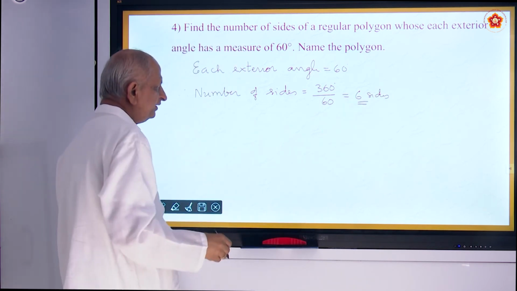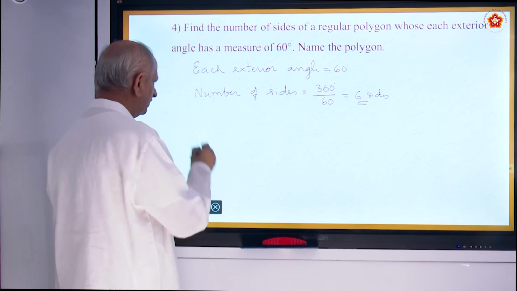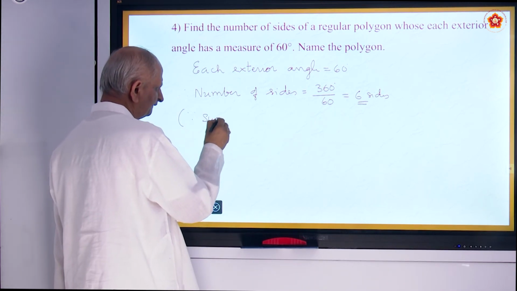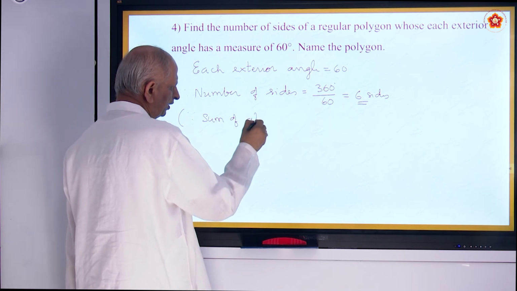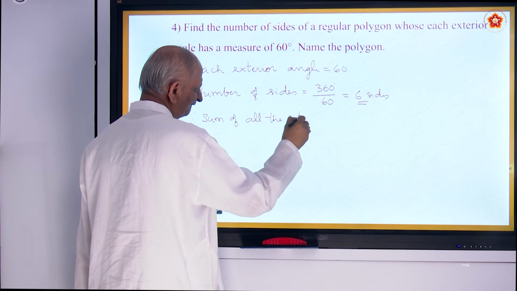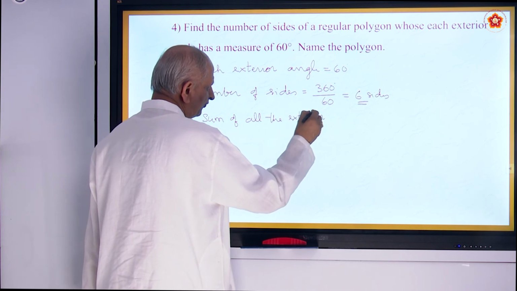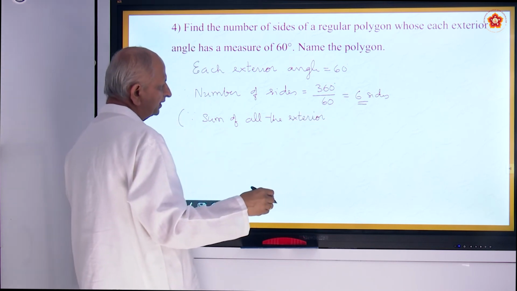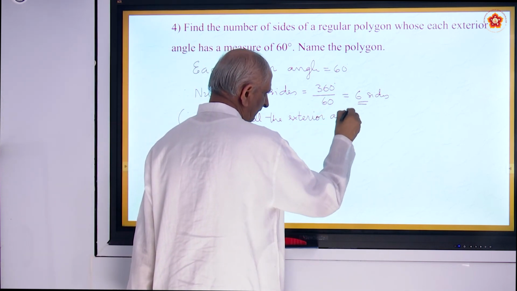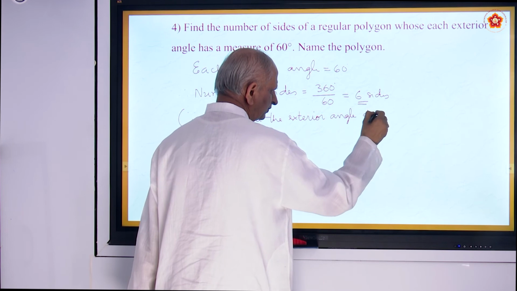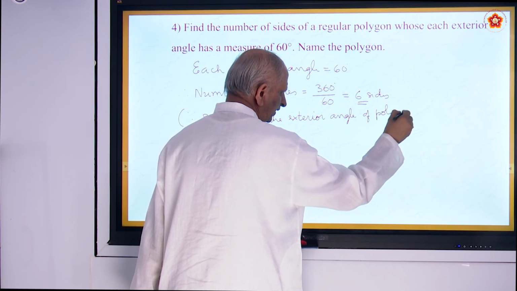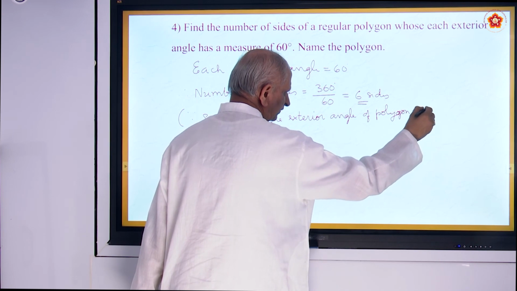How did you get 360? Because I can give you a reason. The sum of all the exterior angles of a regular polygon, of any polygon, is equal to 360 degrees.